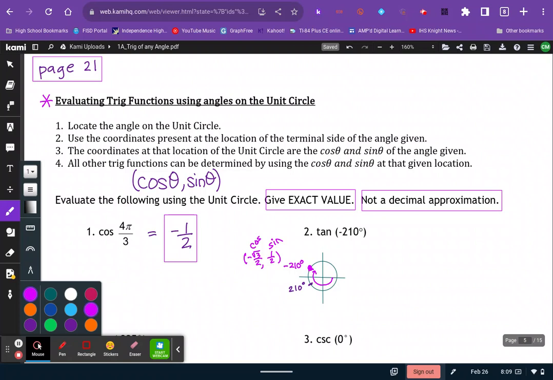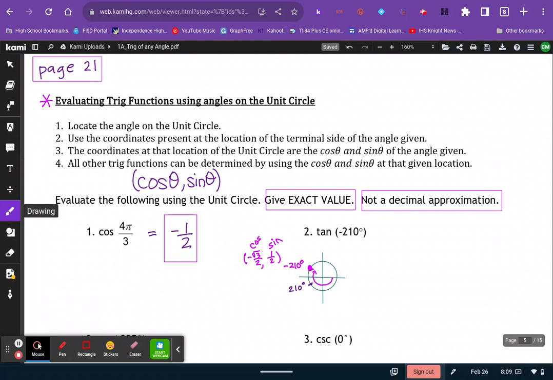In order to get the tangent, I'm going to have to do a little work, unless you have a unit circle that's already been completed and you've already found the tangent. Tangent is the y value divided by the x value. So this would be 1/2 divided by -√3 over 2.